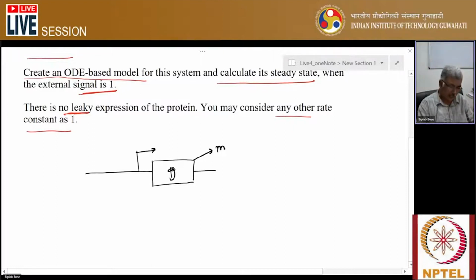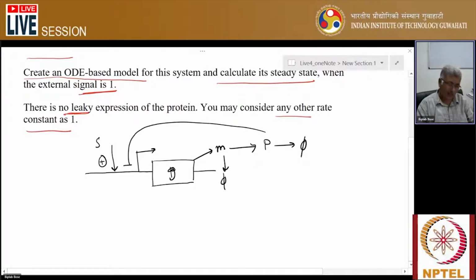The mRNA gets degraded. These give rise to protein P. The protein also gets degraded. I have a signal S which positively regulates, and I have this one coming in which negatively regulates. So this is negative.